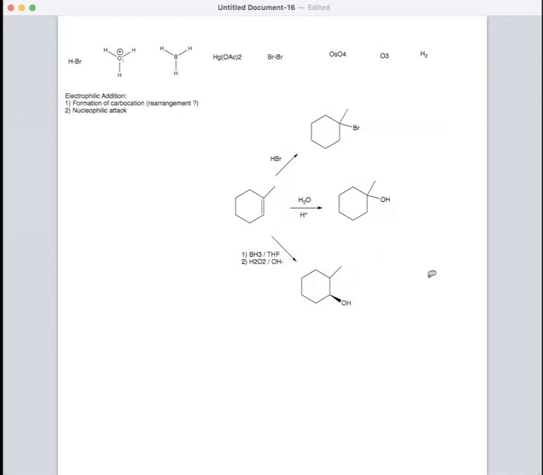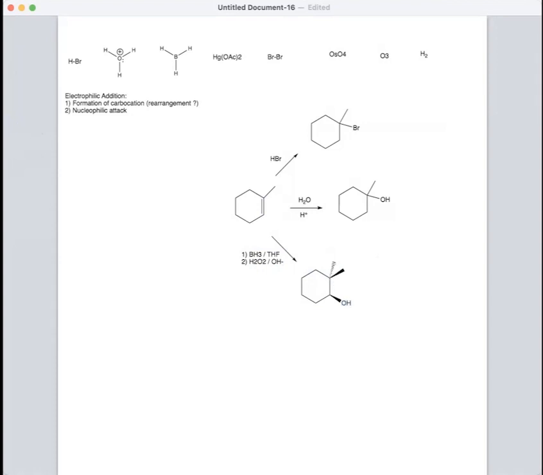Stereochemistry is very important. In this specific example, once again, hydroboration: boron binds to the lowest substituted carbon. So that's where the hydroxyl is going to end up. And the hydrogen and boron are adding with syn stereochemistry, so they are added to the same face of the double bond. We need to keep stereochemistry in mind.